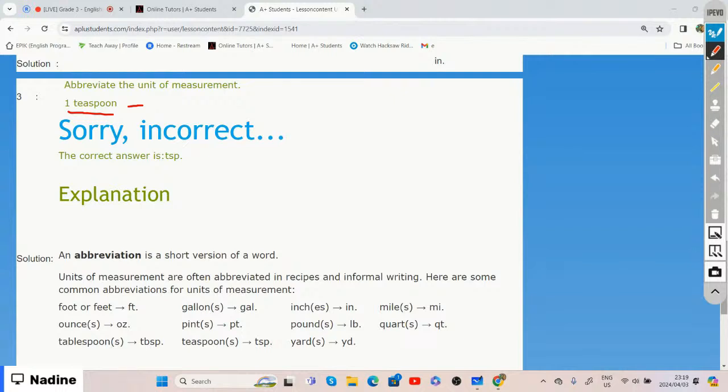A teaspoon. Remove the E. So just remove the E and then you leave the other letters and the period. Here you have a few examples of it.